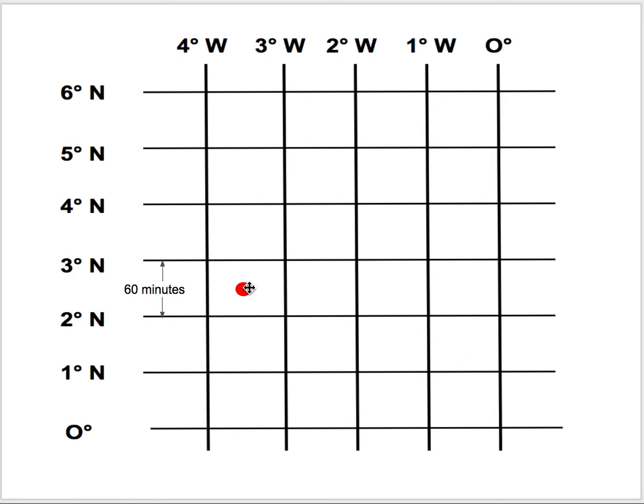And so if our dot here is directly in between 2 and 3, we would say that that was located at 2 degrees 30 minutes north. So again, it's between 2 and 3. Directly between 2 and 3 would be 30 minutes. So we would have 2 degrees 30 minutes north.